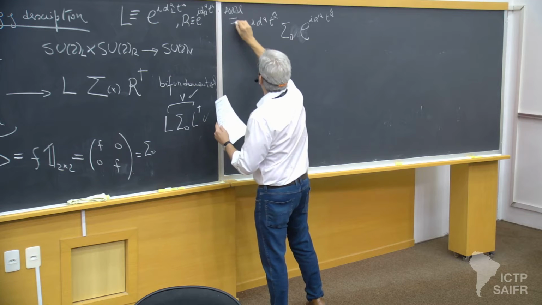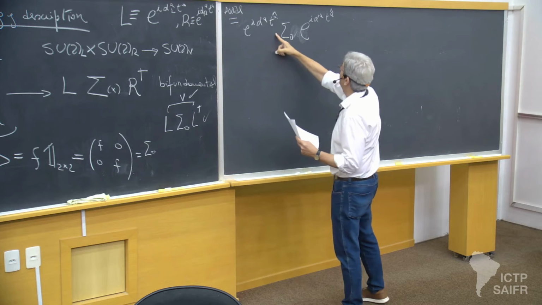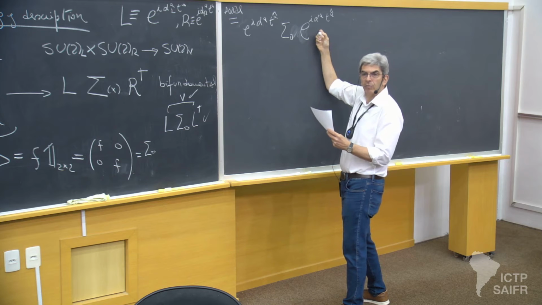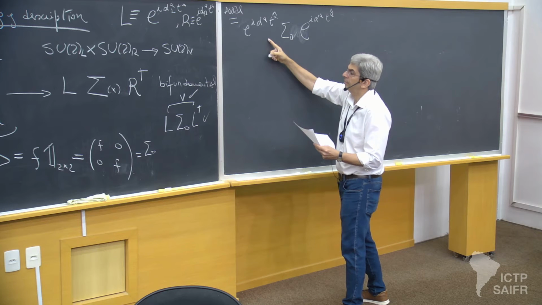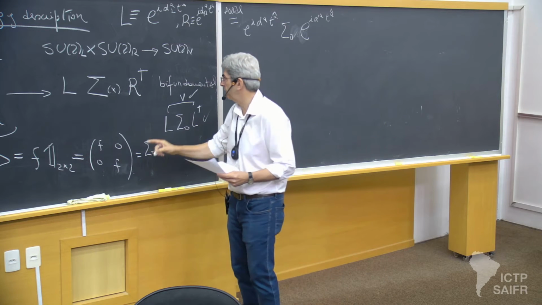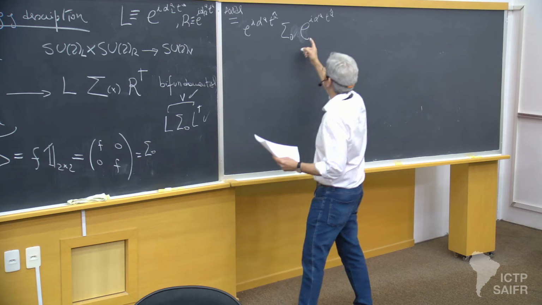The axial transformation is left equals minus right. With the dagger, right dagger, they don't cancel. In the vector transformation they cancel; in the axial transformation they don't.